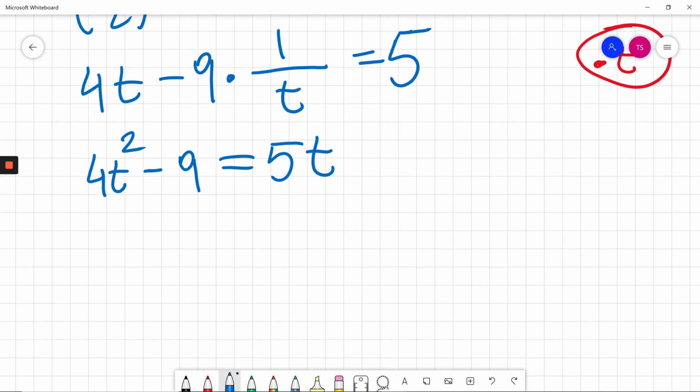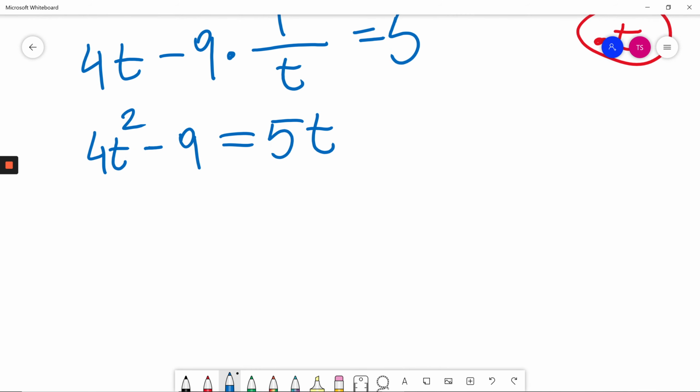Okay, now I need to solve quadratic equation, so I move everything to one side and I make it equal to 0. So I will do minus 5t on both sides, so this equation becomes 4t squared minus 5t minus 9. This is equal to 0.